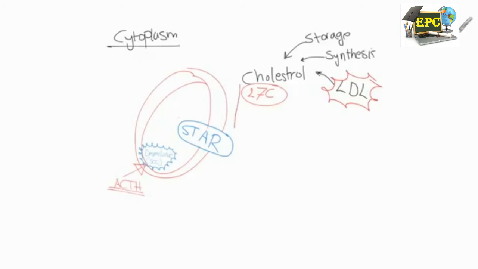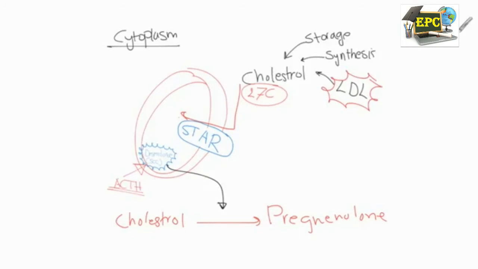And once we get our cholesterol from the cytoplasm to the mitochondrial matrix, we have an enzyme waiting there, which is desmolase. So cholesterol has to be converted into another molecule, which is pregnenolone. And this reaction is mediated by the enzyme desmolase.